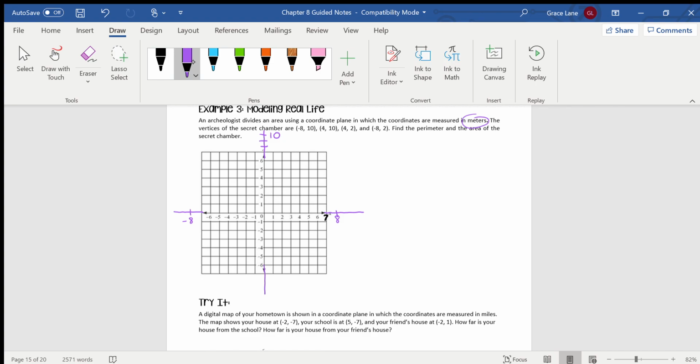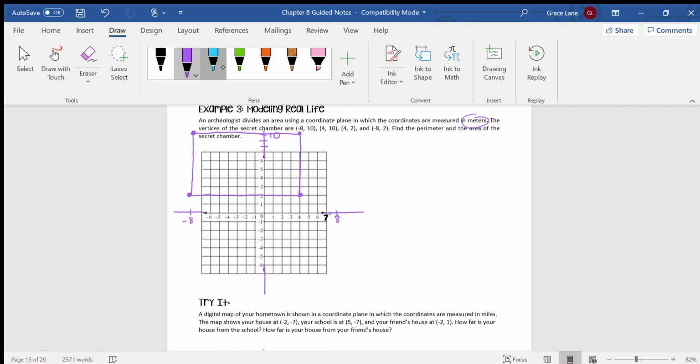Okay, so this is going to be 0.1, and then 4 and 10, going to be there, 4 and 2, and -8 and 2. Okay, so I'm going to try to connect my dots now. I know I didn't do that in order, but it should make a rectangle.